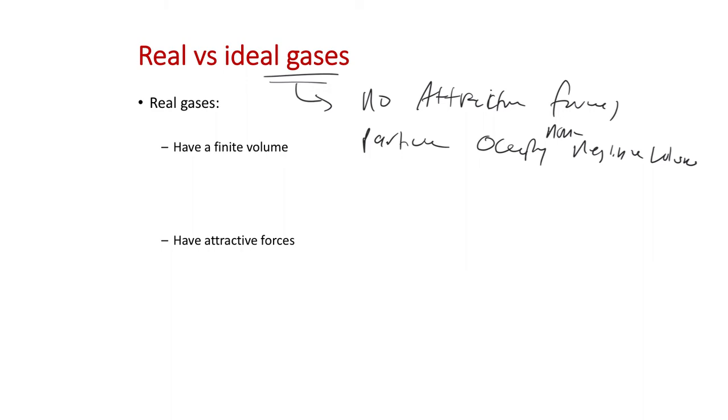Once they actually start to take up a significant amount of space inside the container, we have to take into account how much space is being taken up by the particles. So the finite volume problem leads to an issue with the ideal gas law, as does the case of attractive forces.